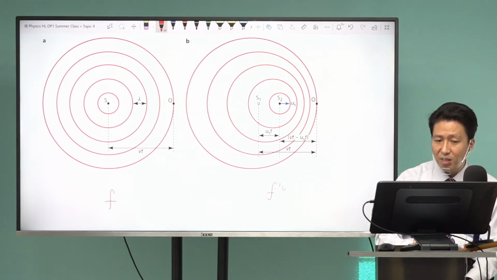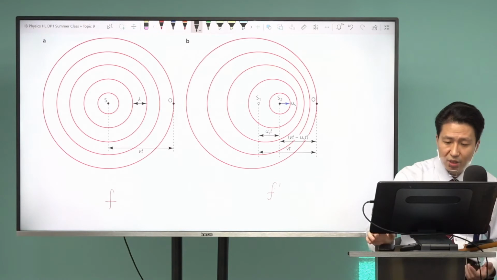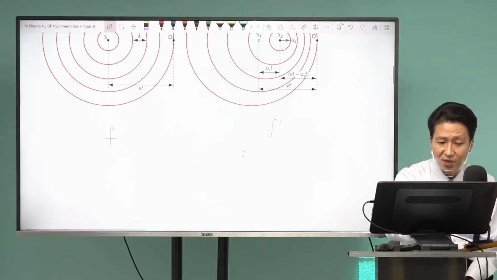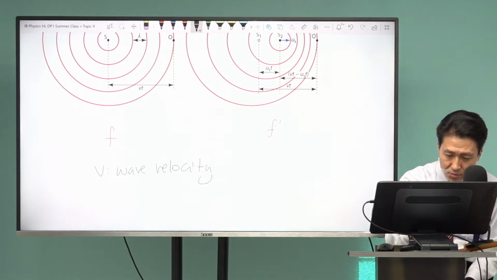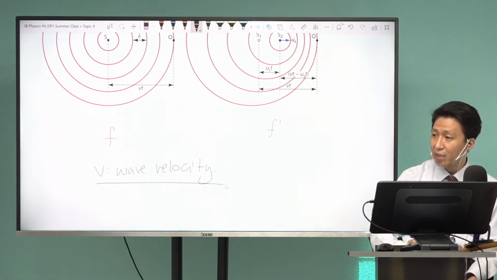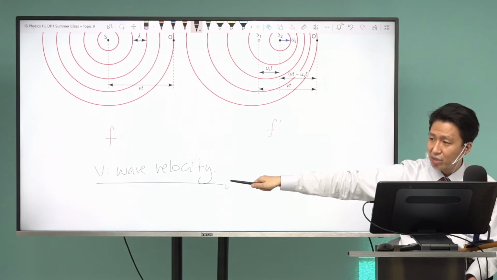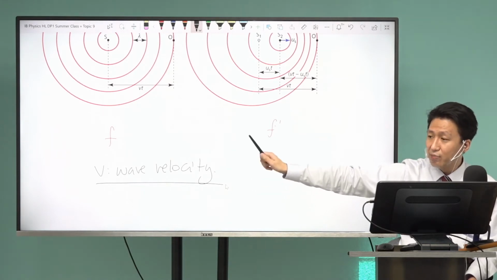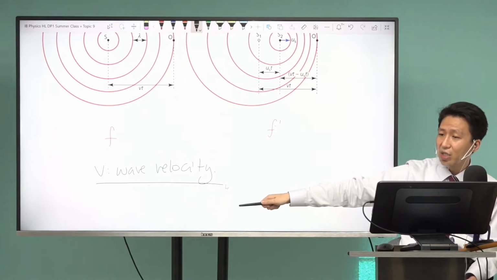Next, you have the velocity of the wave, right? So the wave velocity will be v. So v is reserved for the wave, and this never changes, right? Once it is produced, nothing can change the velocity of the wave unless you change the medium.